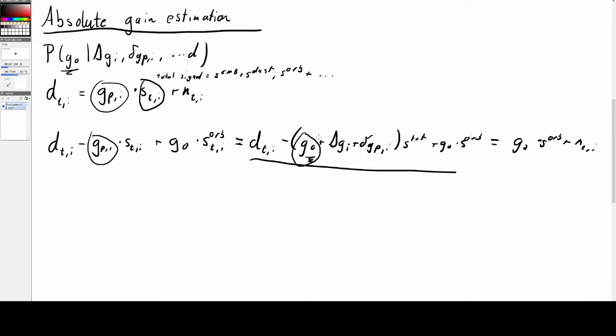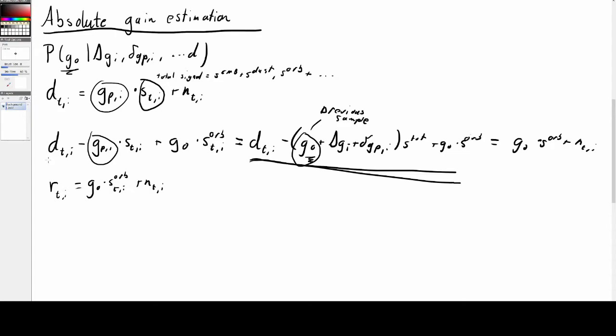So what we do is basically to use the previous sample of G naught to form this residual right here. So our residual r_t,i is what we call this whole thing, and that is given by G naught times S_orb,t,i plus n_t,i.